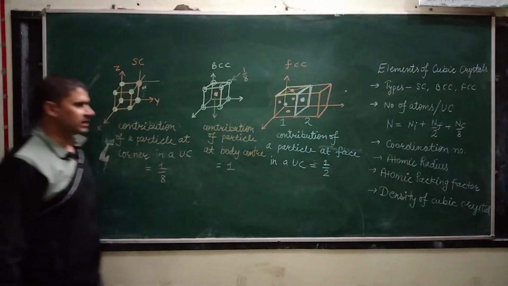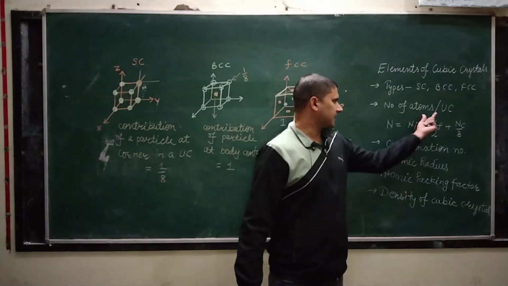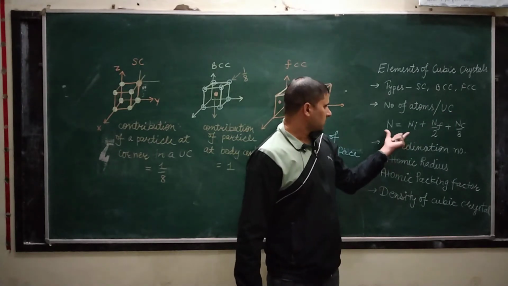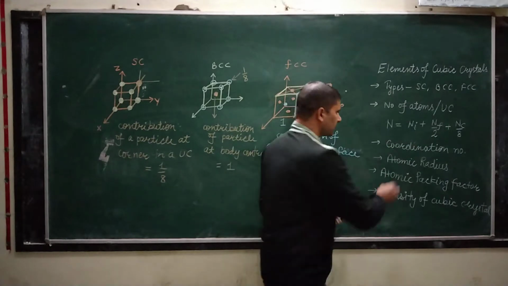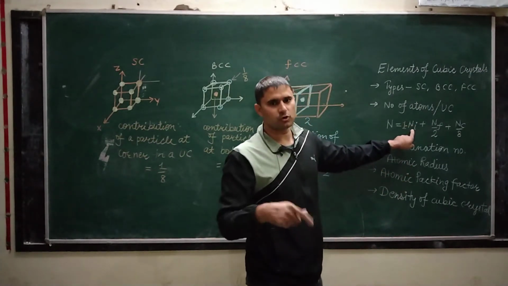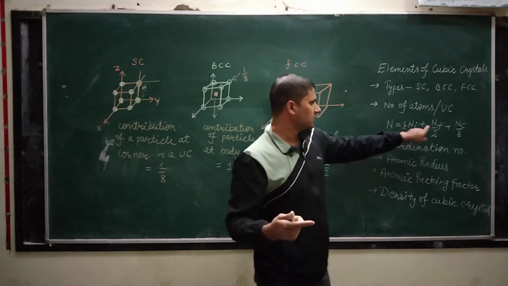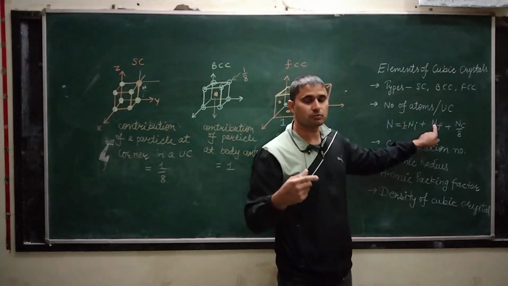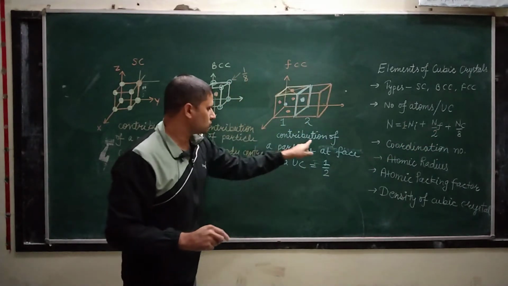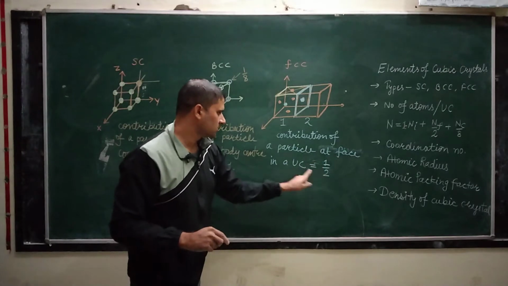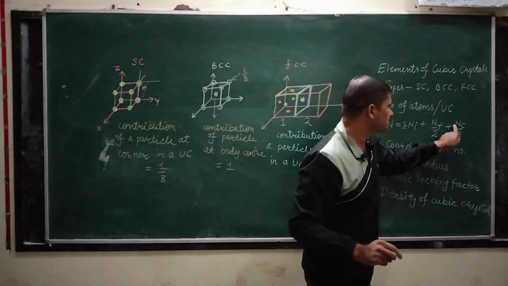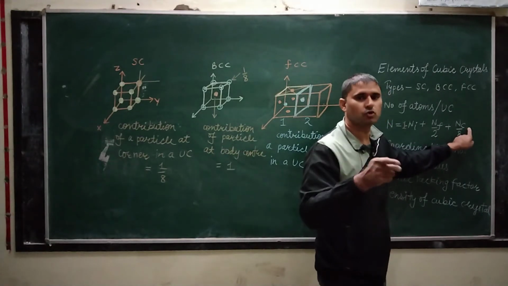Okay class. Now we are to find the number of atoms present in the unit cell. So come to this formula. Here I can write 1 times Ni, the number of particles present in the interior, and Nf, the number of particles present at the face, and you have seen the contribution of the particle at the face in a unit cell is half, and this is Nc, the number of particles at the corner.